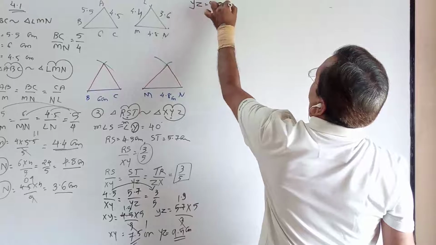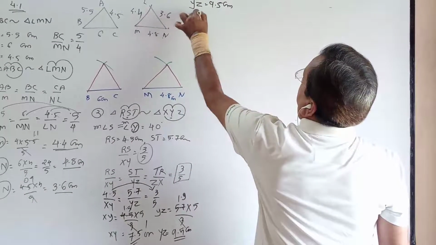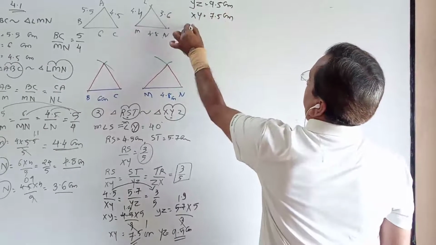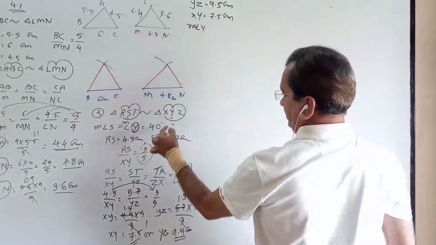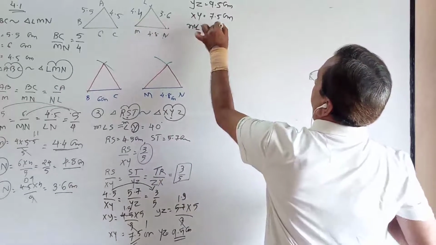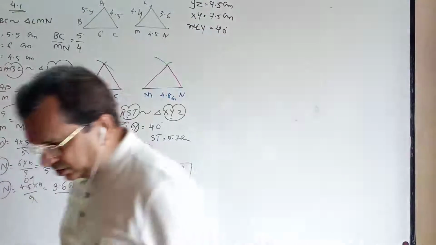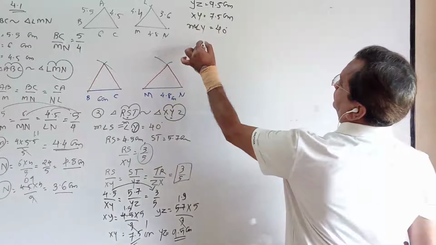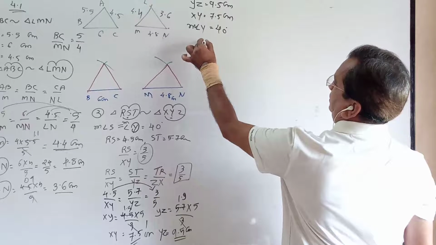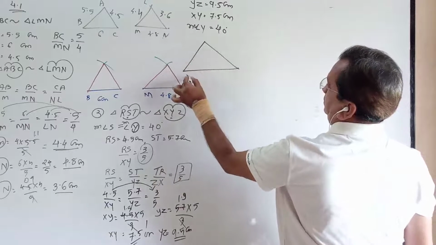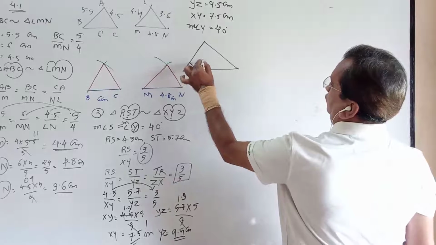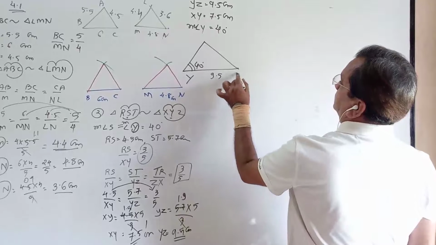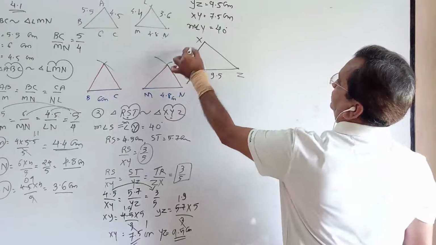YZ is 9.5 centimeter, XY is 7.5 centimeter. Measure of angle Y is equal to 40 degree. So first draw a rough figure: Y 40 degree, YZ 9.5 and XY 7.5.